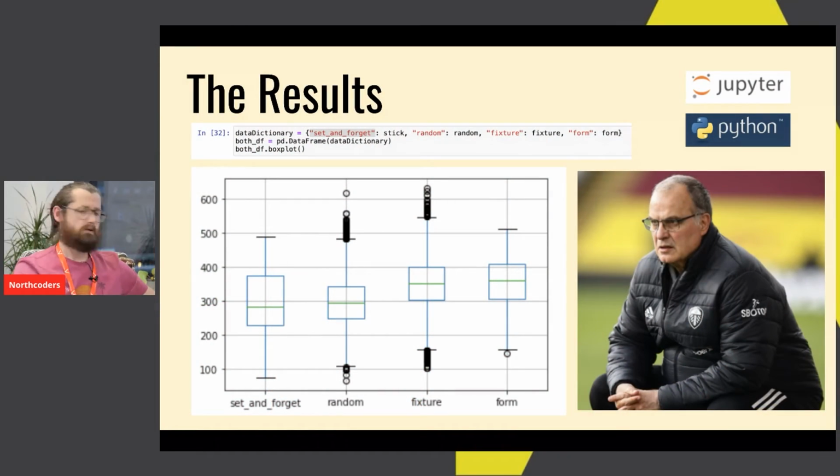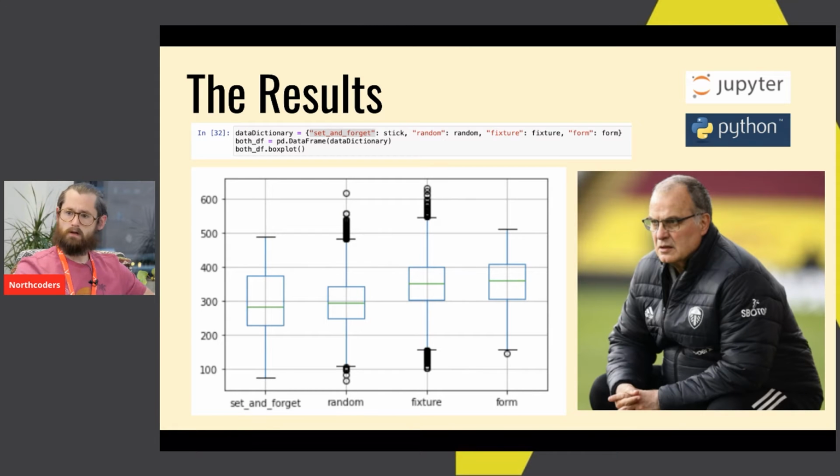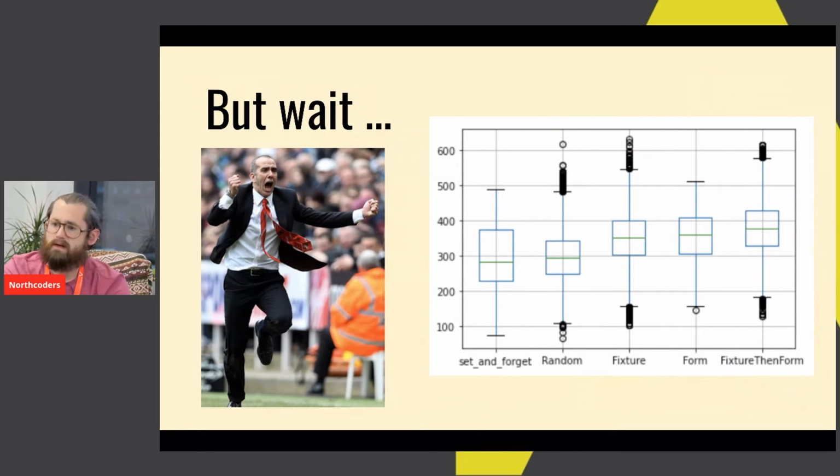So what I should probably do is think about maybe doing a combination of those things. Yeah, so that's what I did. So I looked at this final one, says pick by fixture, because that was the smallest range, and then by form.